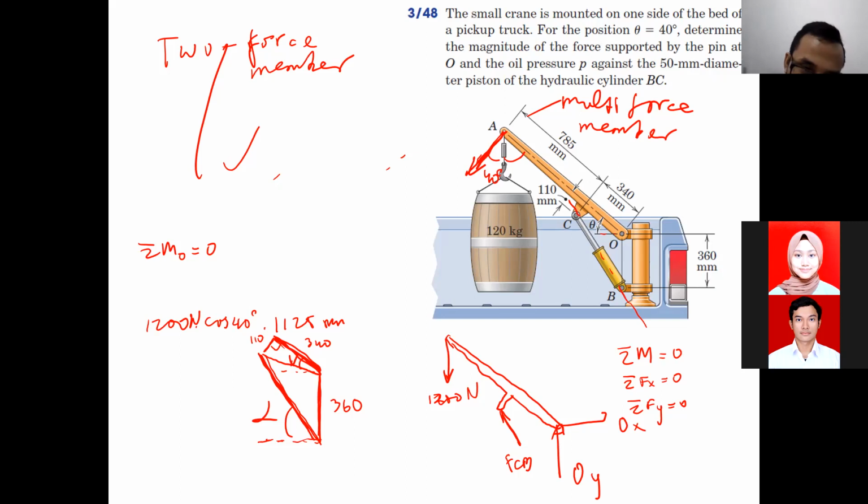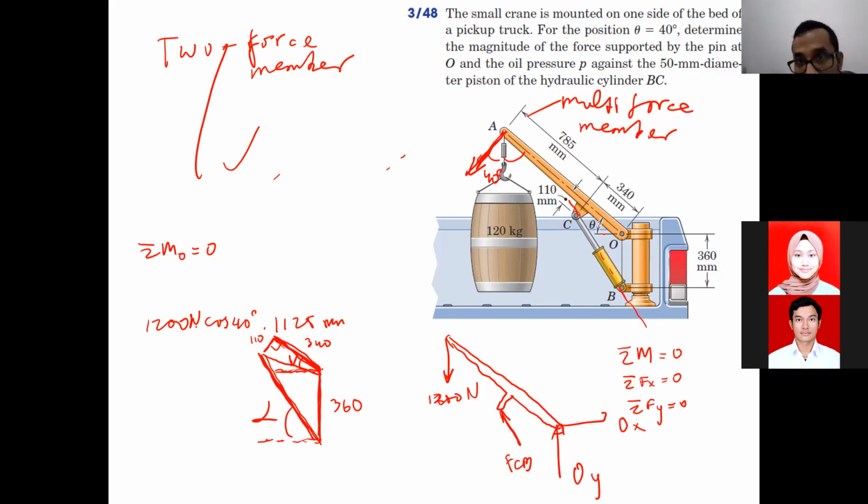Yang miringnya itu. Bukan yang garis putus-putus itu, Pak. Bagian ini ya maksudmu? Itu 340 cos 40. Terus nanti dibagi dengan 360-nya dapat sudut yang di segitiganya itu.